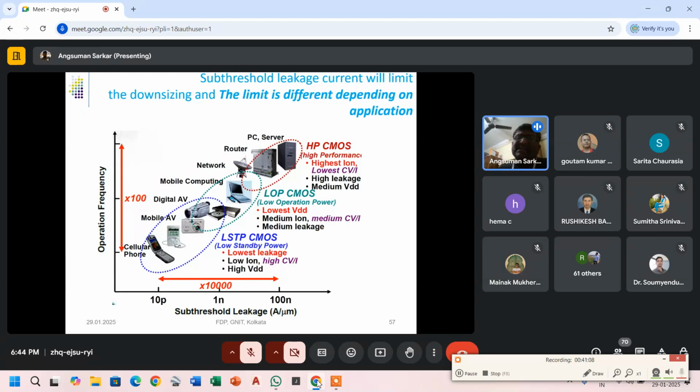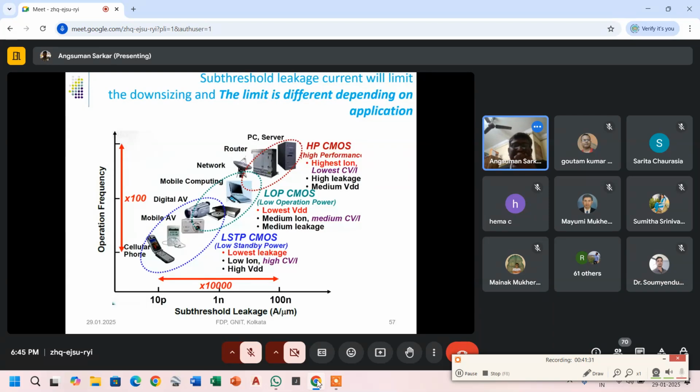The ion will be medium, CV by I will be medium, and leakage will also be medium. On the left hand side, the y-axis is the operational frequency. LSTP CMOS operate at a lower frequency, HP CMOS operate at a higher frequency, and LOP CMOS normally operate in the middle.